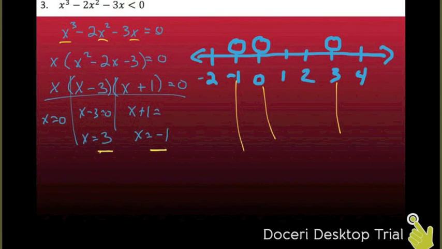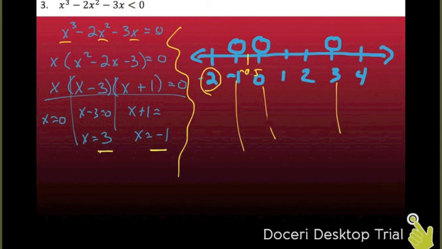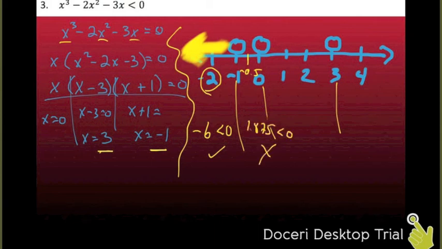Once again, I'm not going to go through plugging everything in. You need to be able to do that on your own. So what will end up happening here is if you plug in -2, you will end up with -6 is less than 0, which is true, so we will end up shading there. -0.5 will give us that 1.875 is less than 0, which is not true.